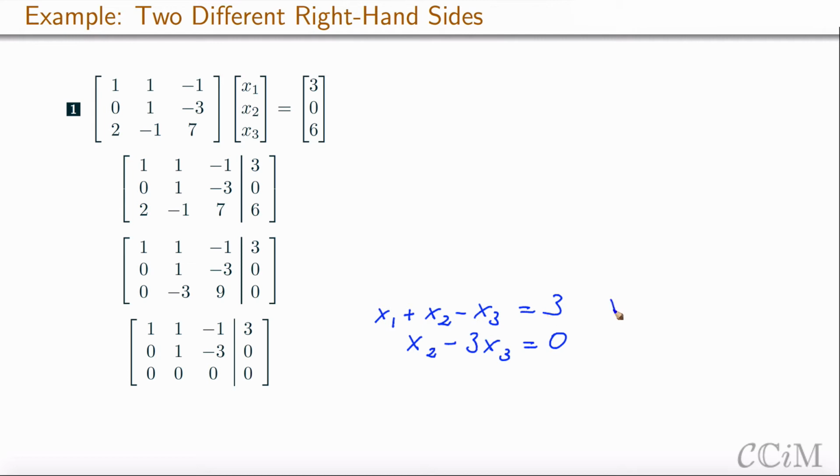So we can choose x3 to be a parameter t of our choosing. This parameter then determines x2 to be 3 times x3, which is 3t, as well as x1 equals 3 minus x2 plus x3, so 3 minus 3t plus t, or simplified 3 minus 2t. We see that we have infinitely many solutions because we can choose our parameter t freely.